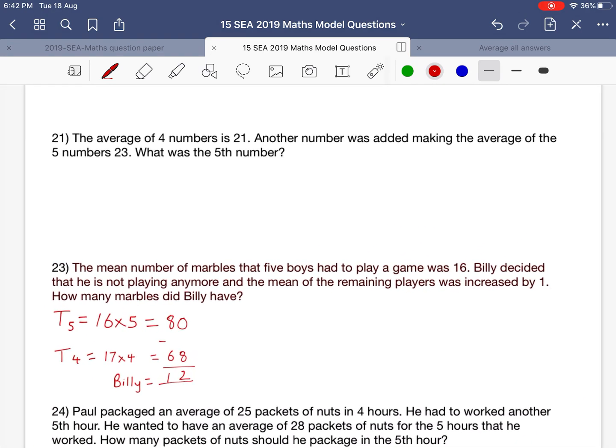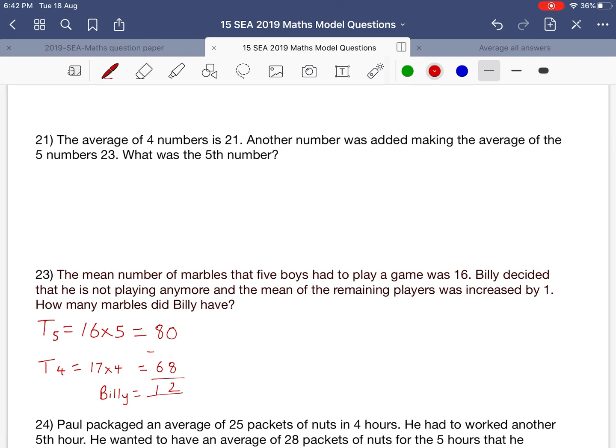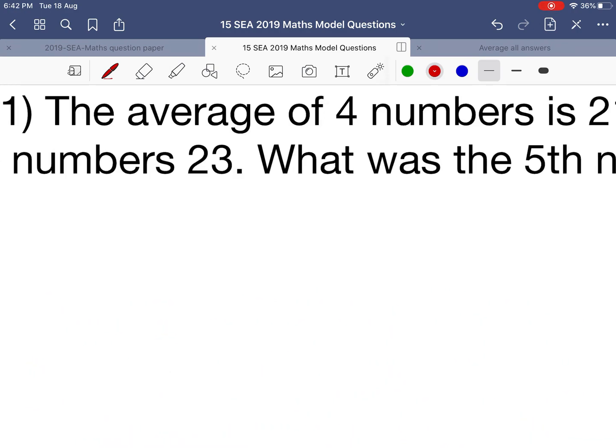Next, the average of 4 numbers is 21. Another number was added, making the average of the 5 numbers 23. What was the 5th number? So if we find the total of the 5 numbers, and we find the total of the 4 numbers, and we subtract the 4 numbers from the 5 numbers, we will get the missing 5th number. So let's do that.